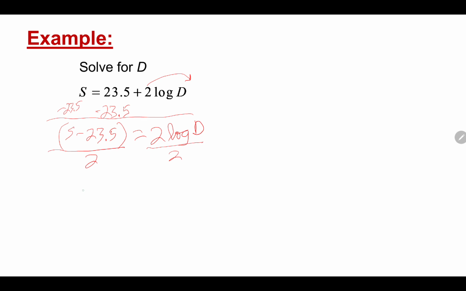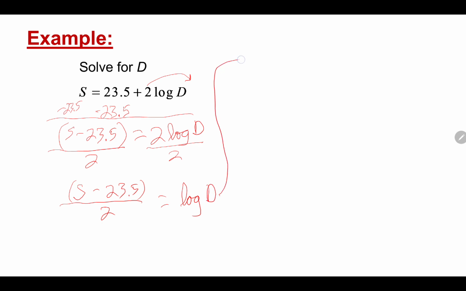So now I have S minus 23.5, and I'm going to keep that in parentheses, all divided by 2, is equal to the log. Remember that log is base 10 of D.